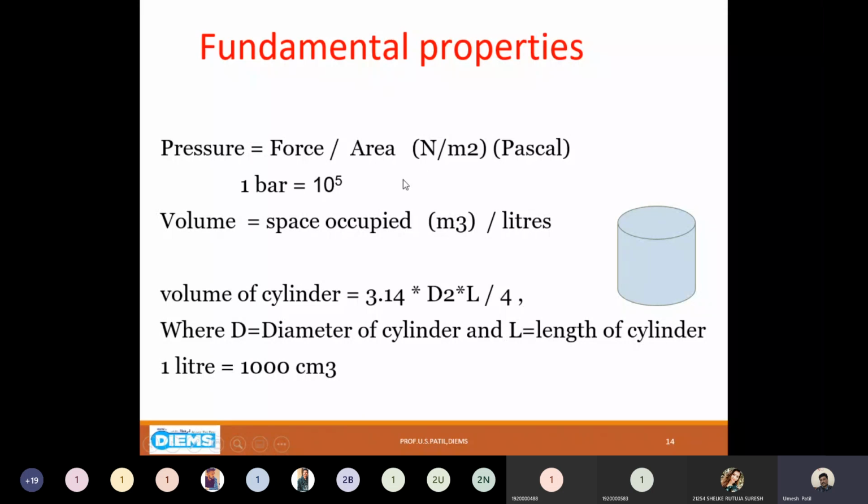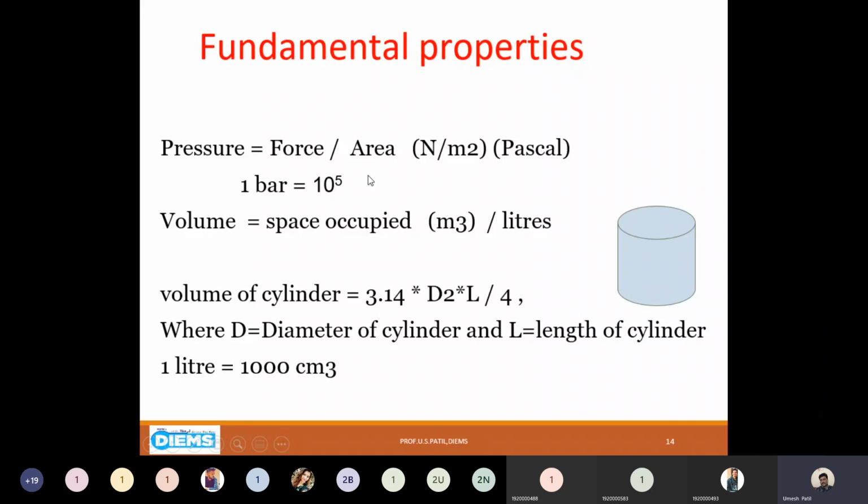What is pressure? Force upon area. Very good. It is mentioned on the slide. Pressure is defined as force per unit area.